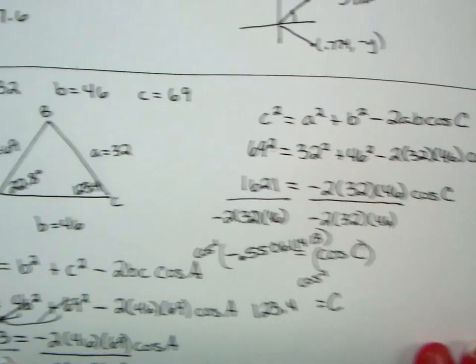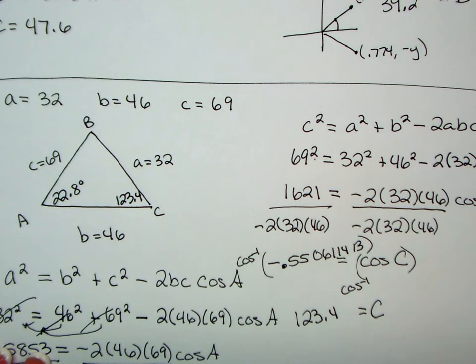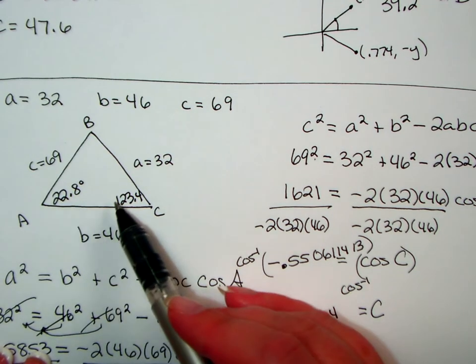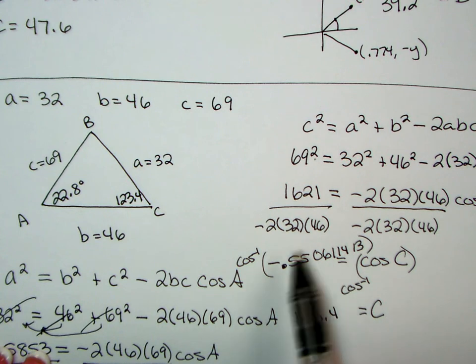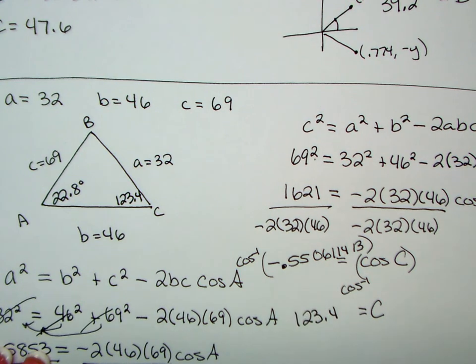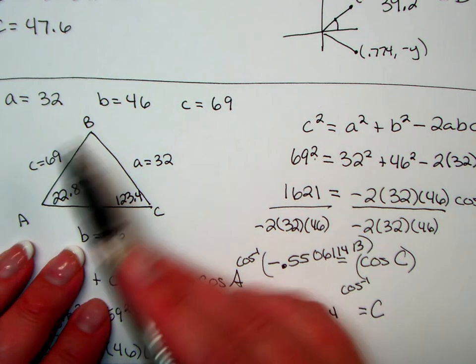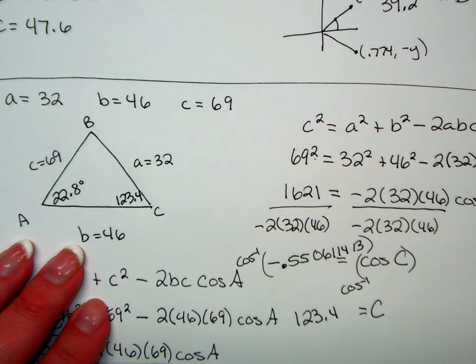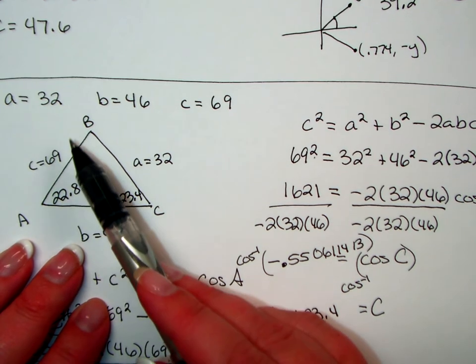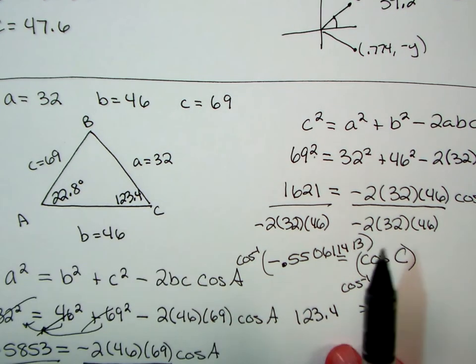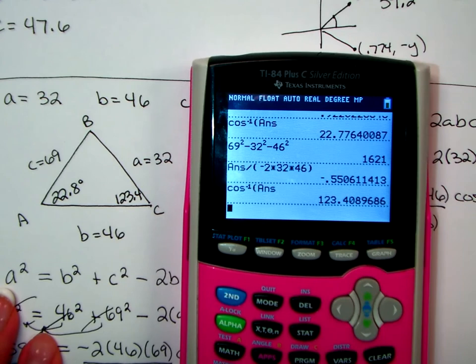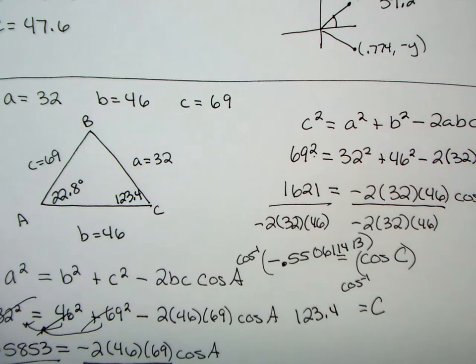Right, I was expecting a fairly large angle there, and we got it, right? Because since this was negative, I knew it was in quadrant 2. All right, so to solve this triangle, we only have one remaining angle left. And so in order to solve for angle B, let's go ahead and subtract from 180 there. So 180 minus 22.8 minus 123.4 is 33.8.